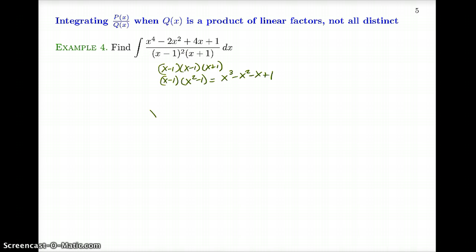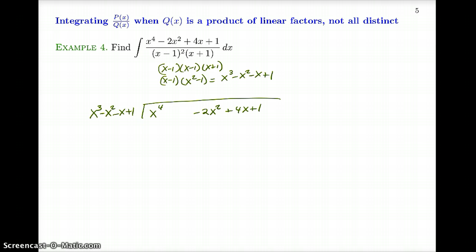So I would need to divide x to the fourth minus 2x squared plus 4x plus 1 by x cubed minus x squared minus x plus 1.